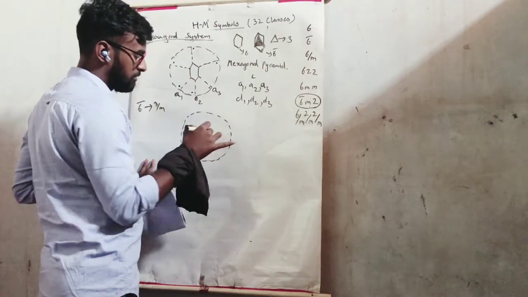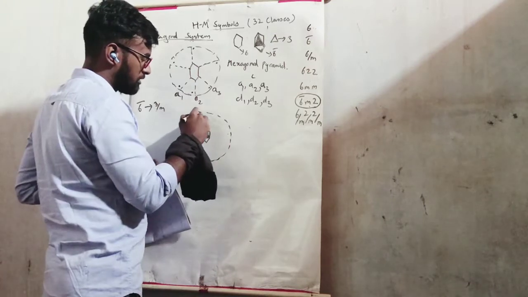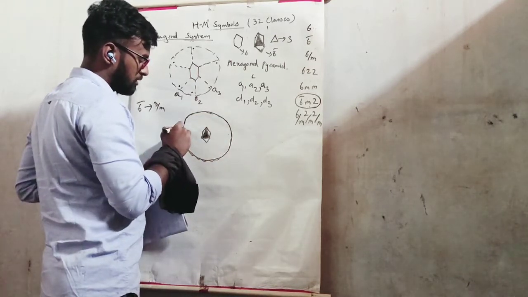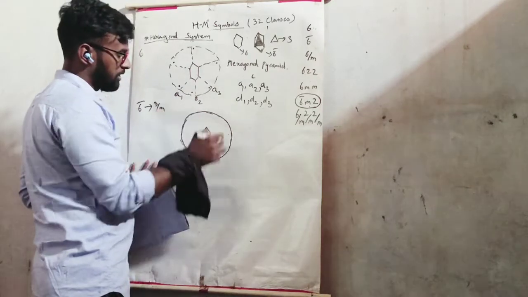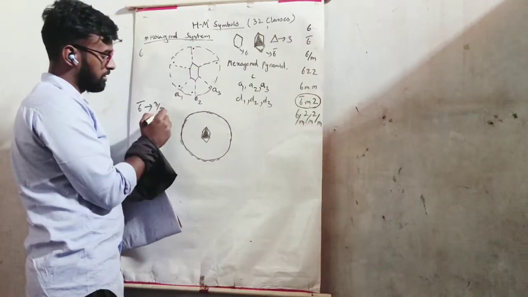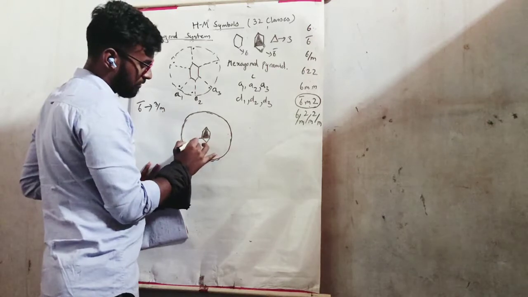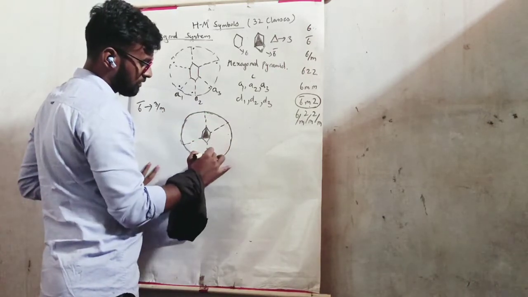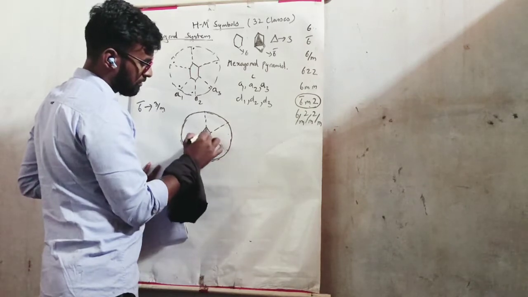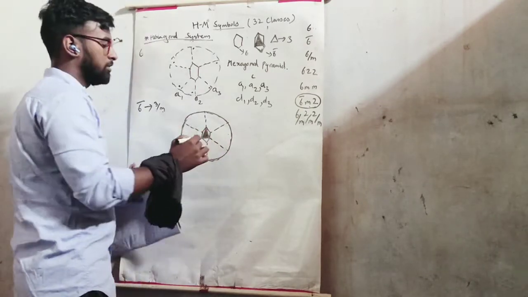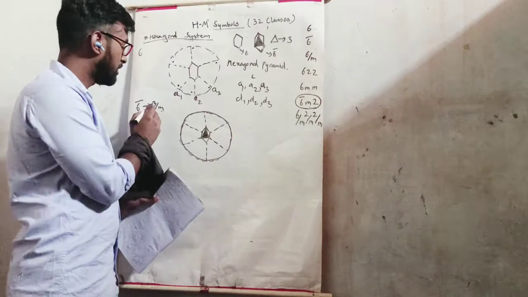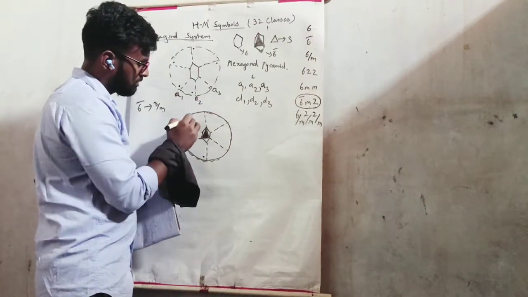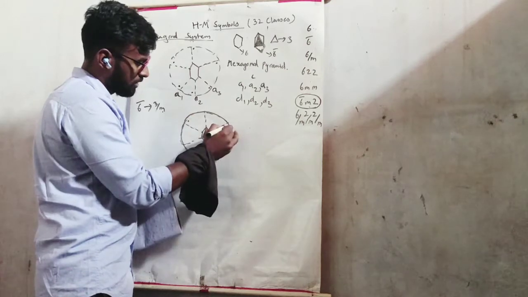So this is the 3-fold axis, and this is the mirror plane perpendicular to it. That is, the plane perpendicular to the 3-fold axis is a mirror plane. So we will have A, B, C. Because it is treated as a 3-fold axis, we will have only 3-fold operation: 1, 2, and 3.